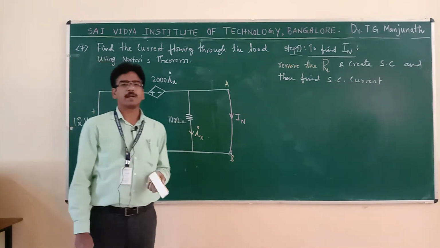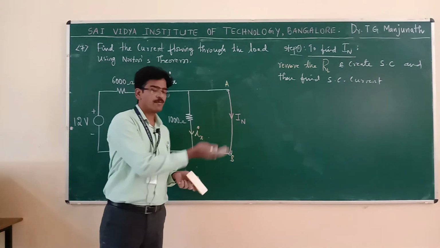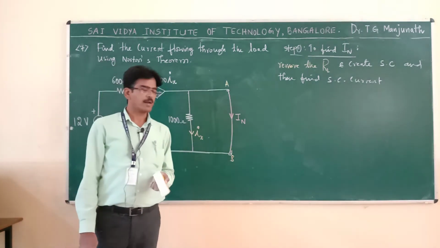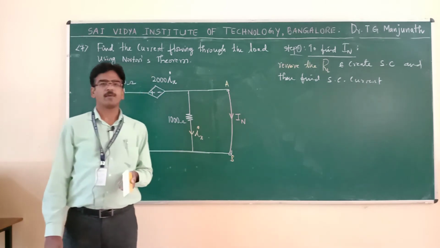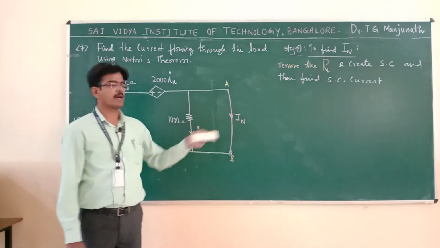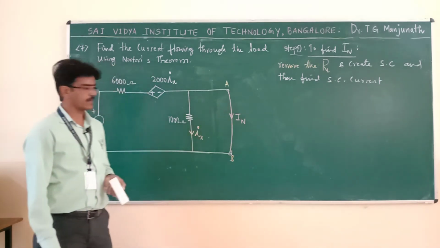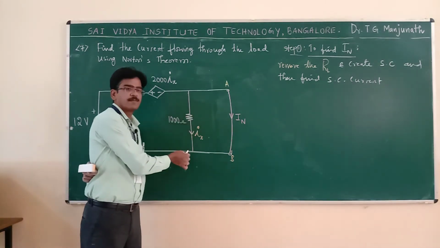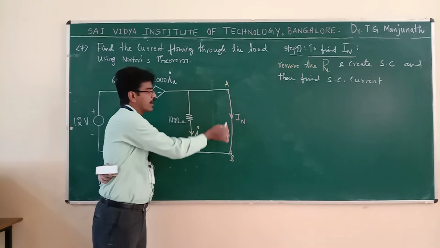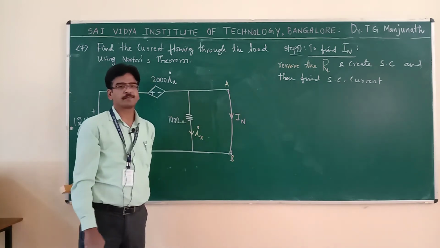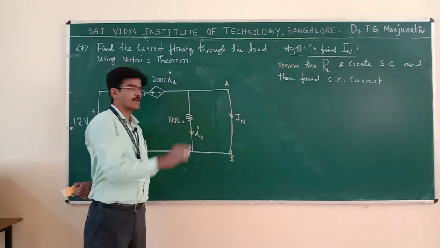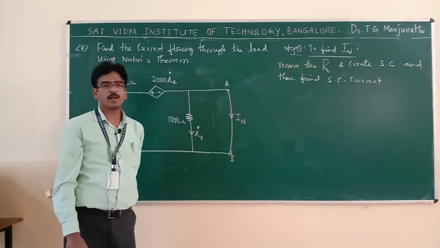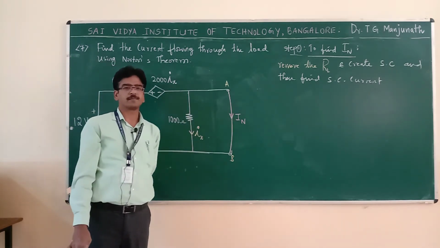Now, what I will do here is, if you carefully observe, without going for mesh or nodal analysis, definitely you can get the current IN. All of you observe here. This resistance is connected now across the short circuit. Any element connected across the short circuit can be neglected.